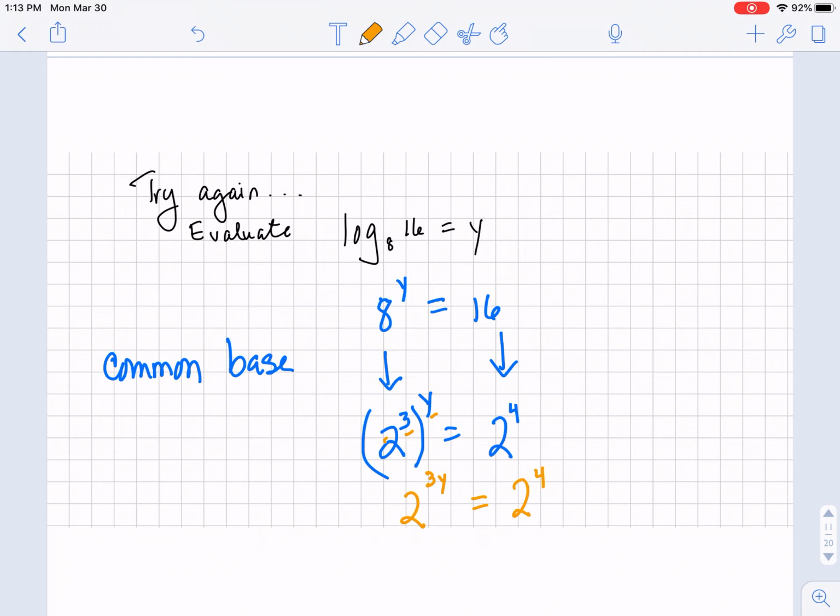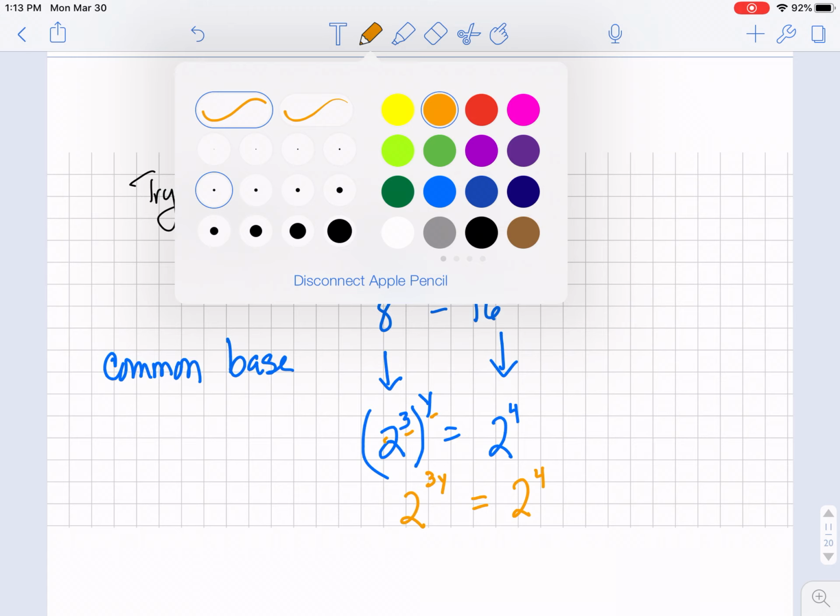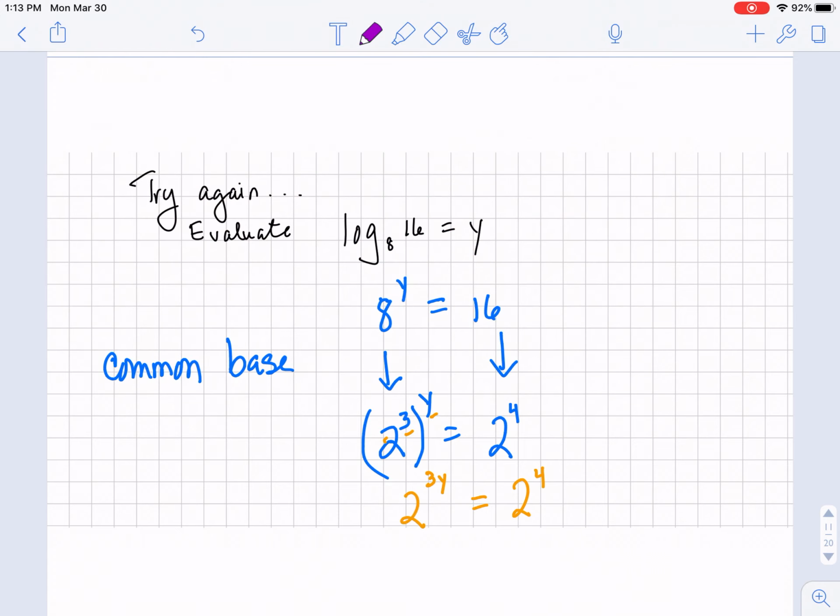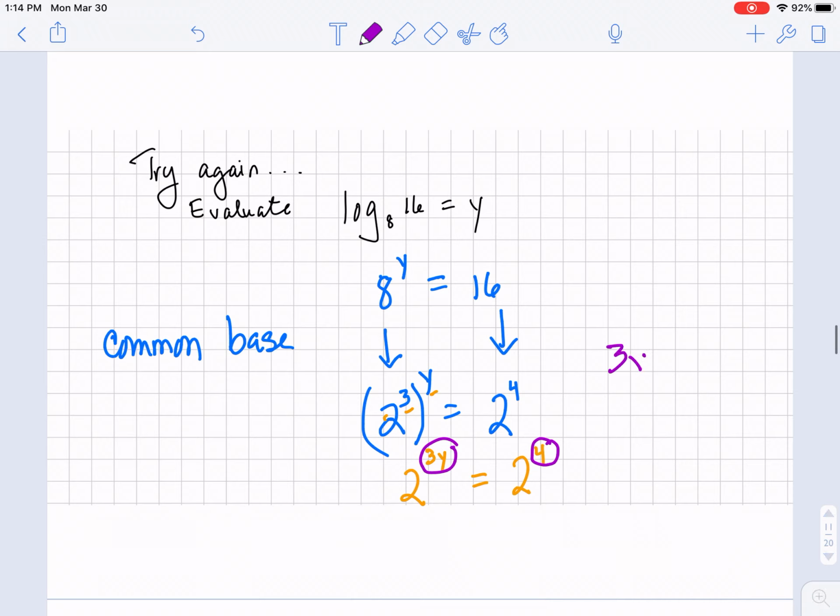All I did is multiply the 3 and the y. Now, wouldn't it make sense that this would then equal this, because I have the two bases that are the same? So now I'm going to write 3y equals 4 and then solve for y. Divide by 3, divide by 3. So y is equal to 4/3. And that's your answer.